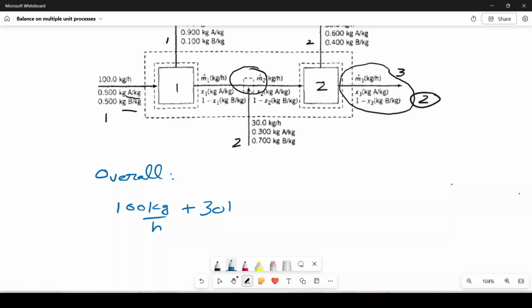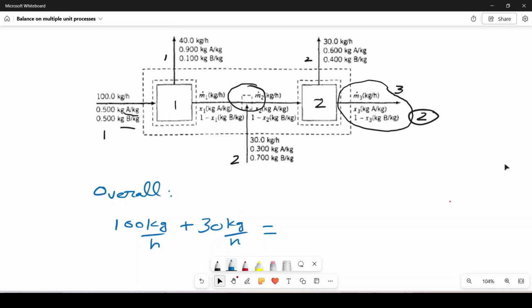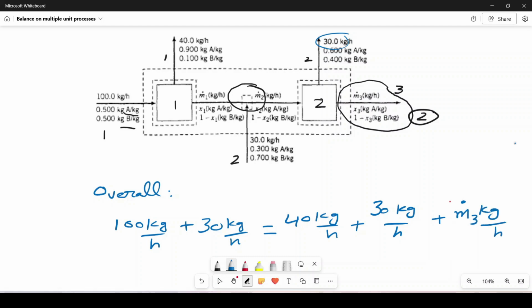30 kg per hour entering this system, and that is equal to the stream from unit process 1, where we have an output of 40 kg per hour, plus from here 30 kg per hour, plus M3 kg per hour.